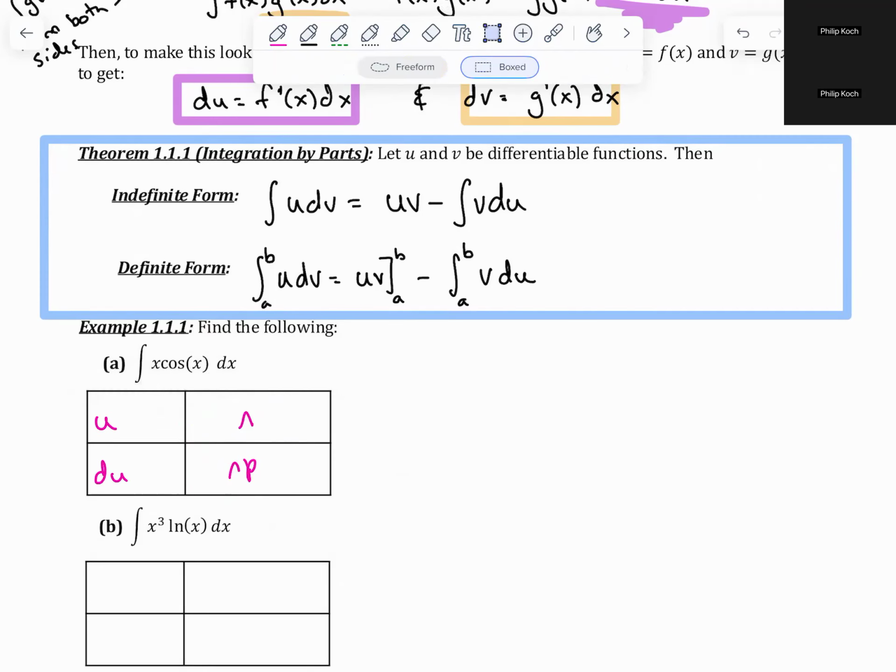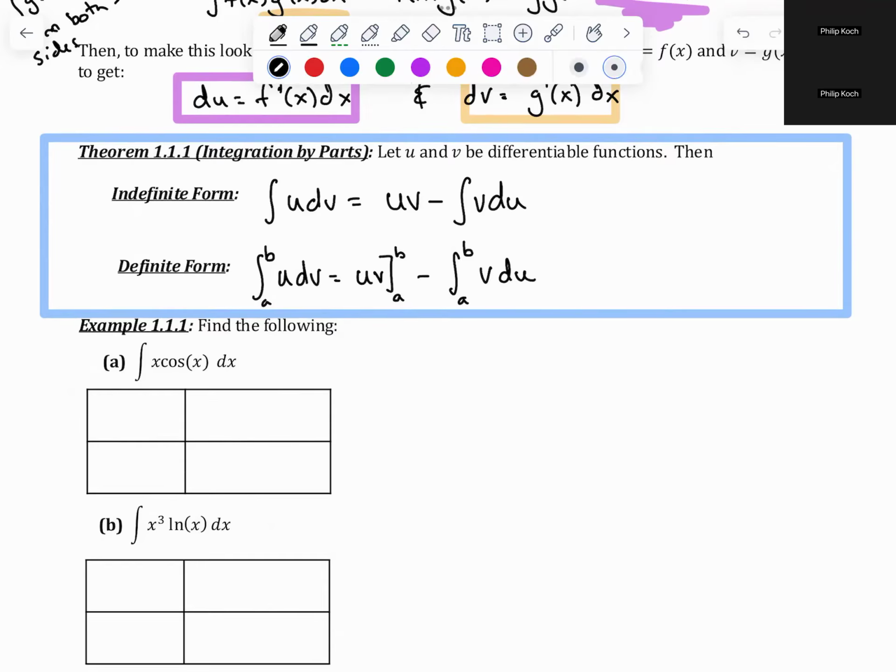They'll put v up top and then dv down at bottom because then it kind of lines up. u and v up top, du and dv down at bottom. I like to do it this way, but a lot of textbooks like to do it the other way. So I'll show both on these two examples. Oh no, it's my class. It's my class. I do what I want. We're gonna do it my way.